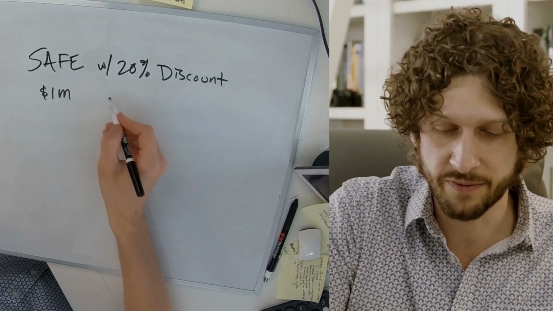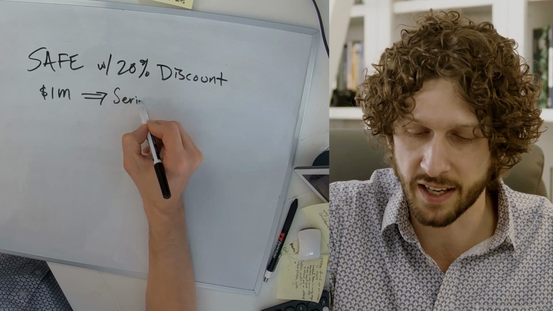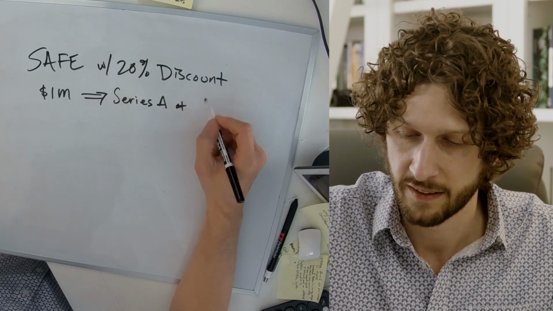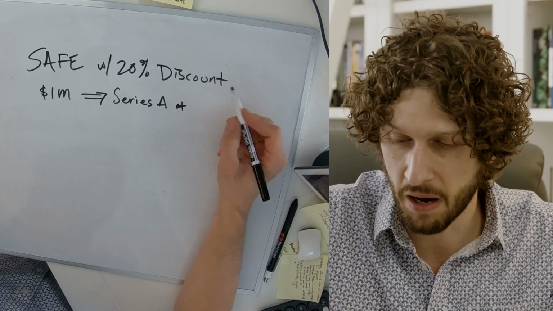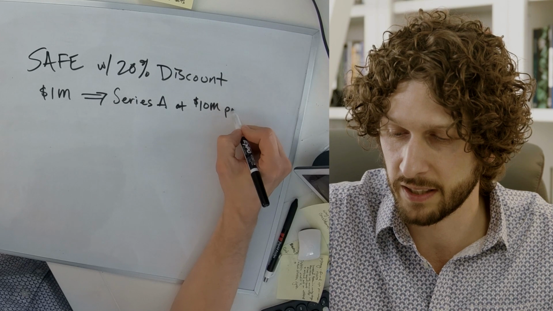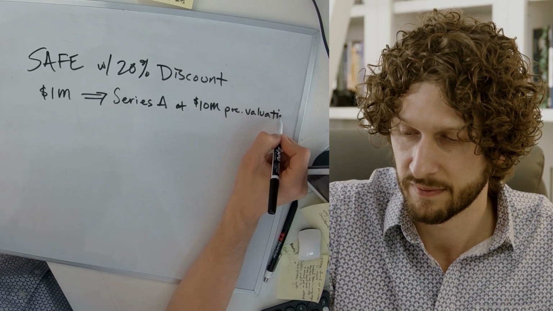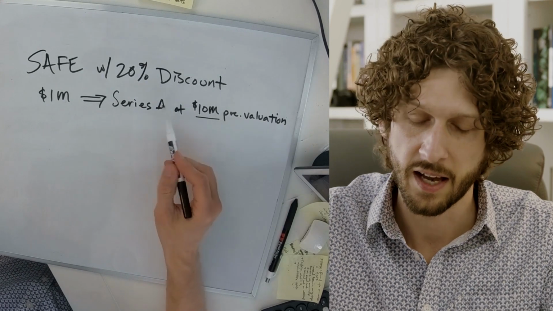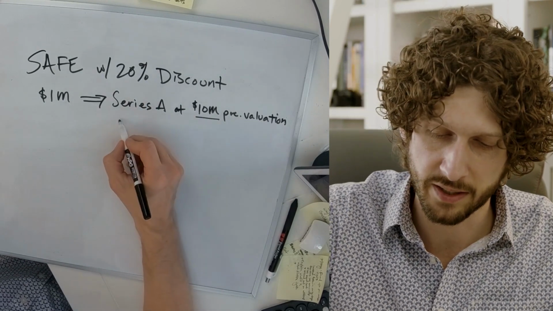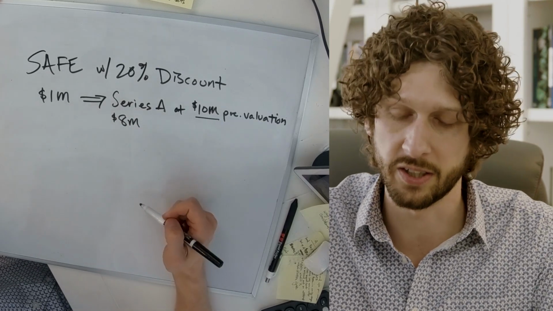Then fast forward into the future, the company raises a Series A at, I don't know, let's say a $10 million pre-money valuation. In this case, I get a 20% discount. So it's 20% off this $10 million. That's $8 million that my $1 million is going to convert at.